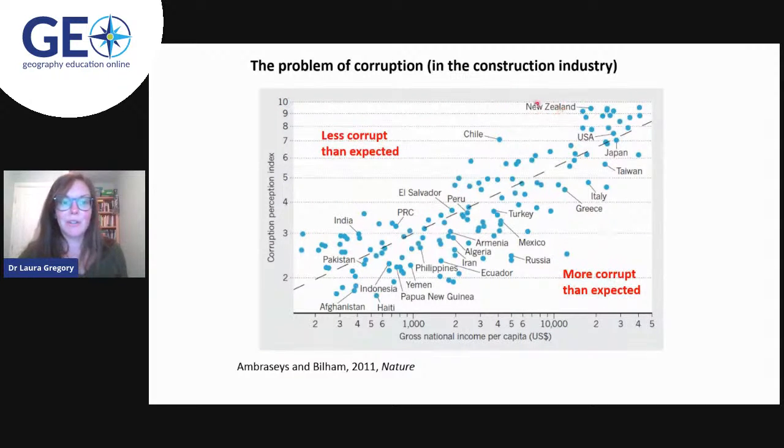So you don't have very much corruption in your society if you live in, say, New Zealand, but in places like India and Pakistan, you might expect to see a bit more corruption. And if we plot a line, this is plotted versus the income of various countries. And so obviously high income countries do a bit better. They have lower instances of corruption than low income countries.